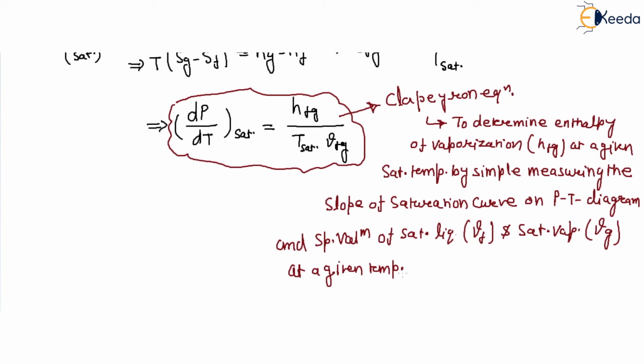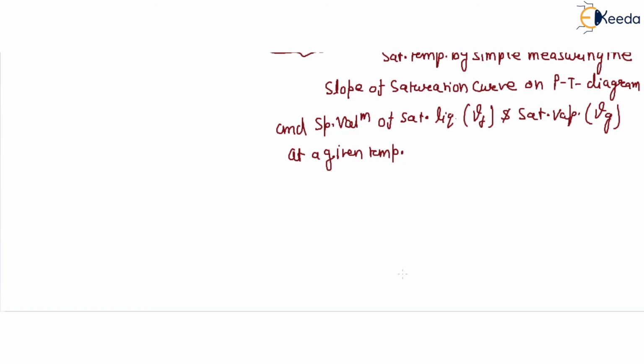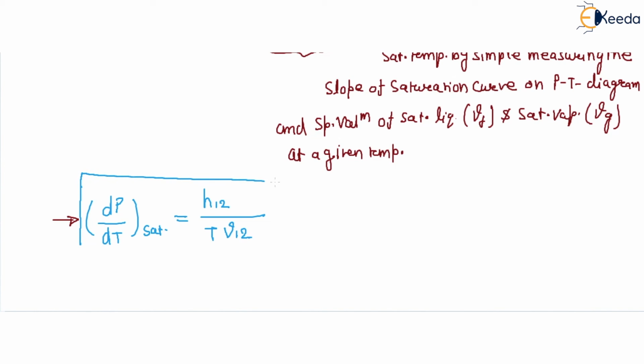Now, mind it, this equation is applicable to any phase change process that occurs at constant temperature and pressure. So it can be written as dP over dT at saturation is equal to H12 divided by T V12, for any two points during phase change.